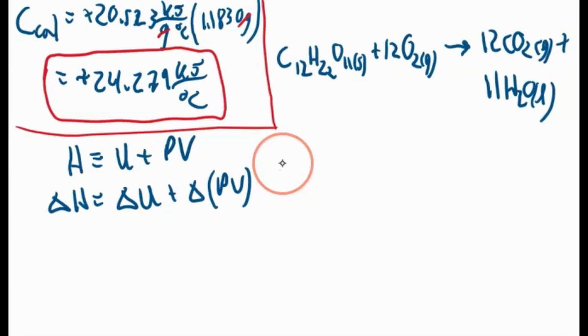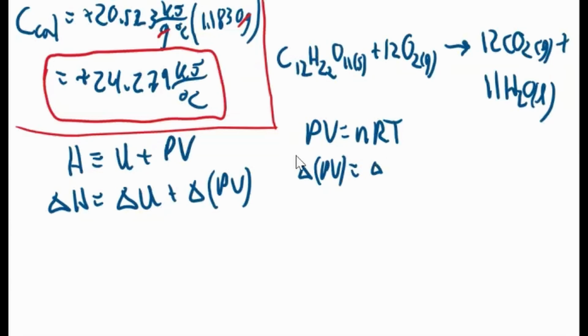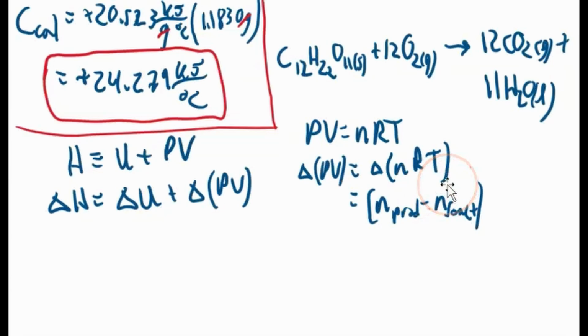So we can use the ideal gas law, PV equals nRT, so that the change in the pressure times the volume is equal to the change in the number of moles times gas constant times the temperature. And this change in moles is final minus initial, which is products minus reactants, of moles of gas times the gas constant and times the temperature.